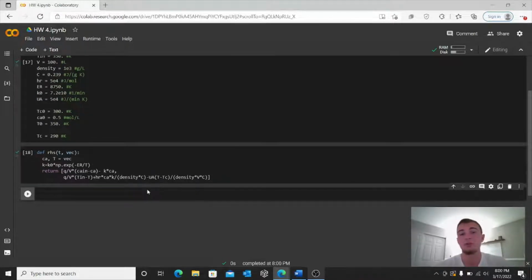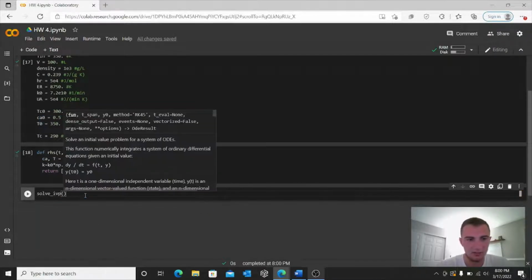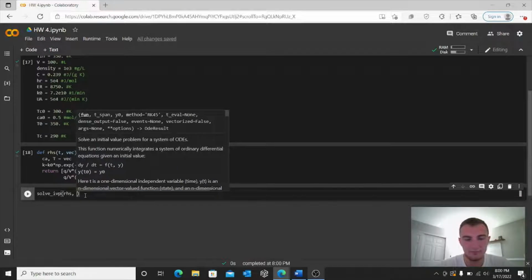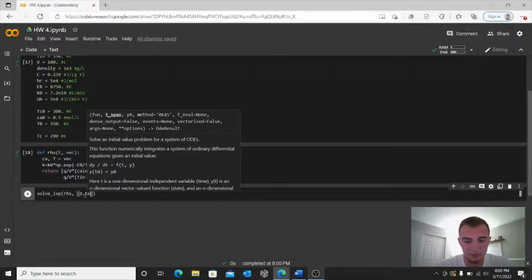Next, what we'll need to do is actually use solve IVP to solve our right-hand side here. So we'll have solve IVP, and we'll need to supply our right-hand side first, and second, we will be supplying our simulation period. So this will be 0 to t end.